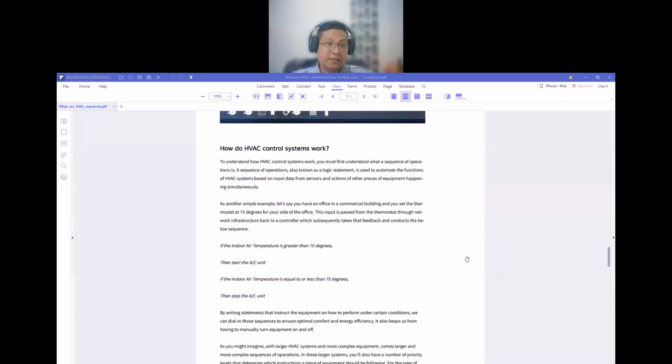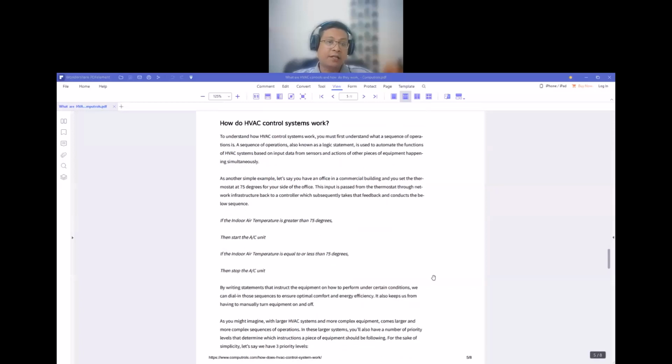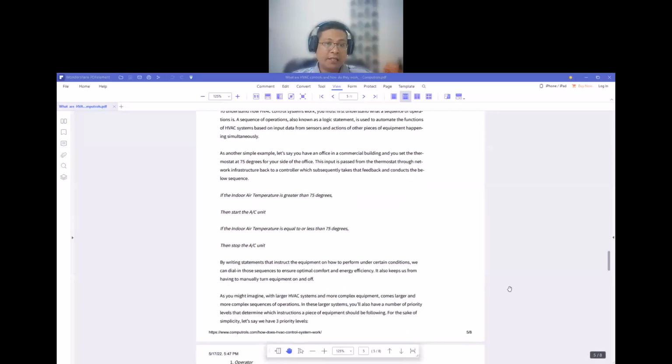As another simple example, let's say you have an office in a commercial building and you set the thermostat at 75 degrees for your side of the office. This input is passed from the thermostat through the network infrastructure back to the controller, which subsequently takes the feedback and conducts the following sequence. If the indoor air temperature is greater than 75 degrees, then start the aircon unit.